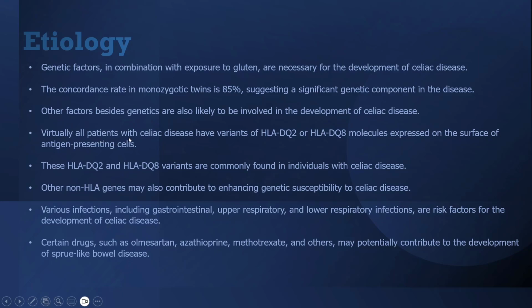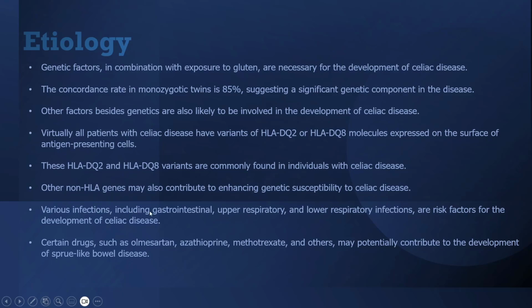Virtually all patients with celiac disease have variants of HLA-DQ2 or HLA-DQ8 molecules expressed on the surface of antigen-presenting cells. These HLA-DQ2 and HLA-DQ8 variants are commonly found in individuals with celiac disease. Other non-HLA genes may also contribute to enhancing genetic susceptibility to celiac disease.